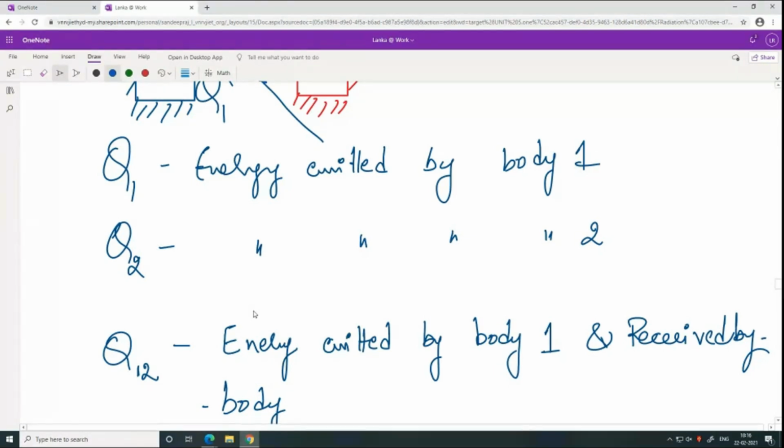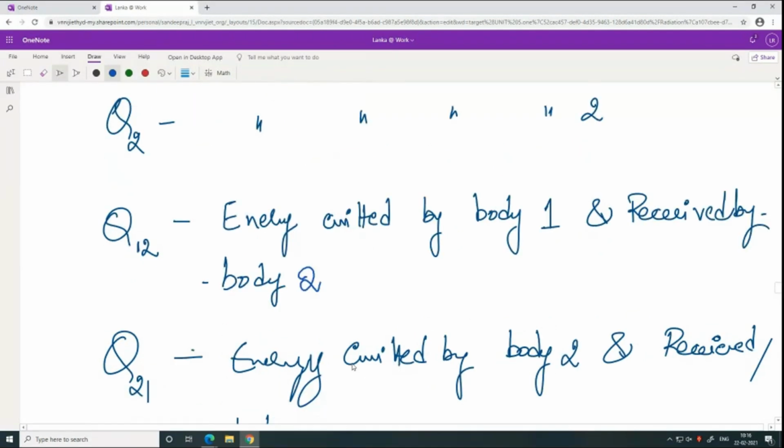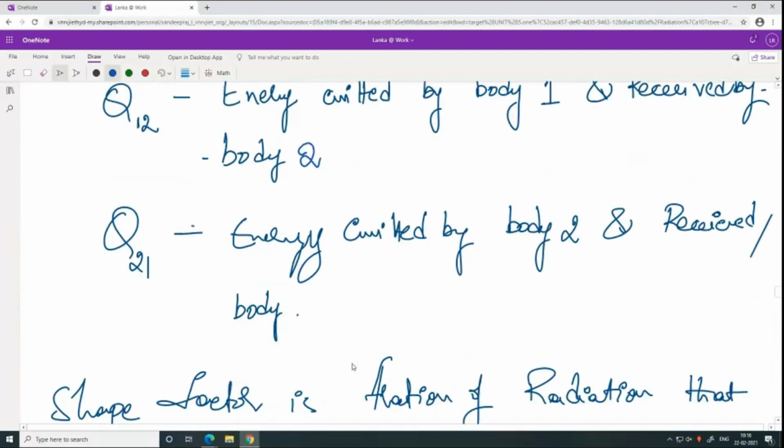If I take Q12, it is the energy emitted by the body 1 and received by the body 2. That's the meaning of Q12. If I take Q21, it is the energy emitted by the body 2 and received by the body 1.